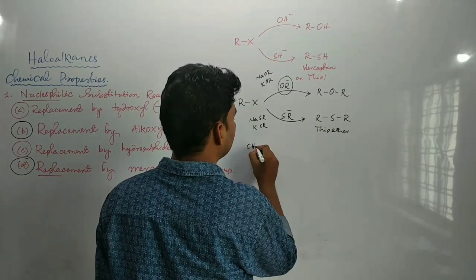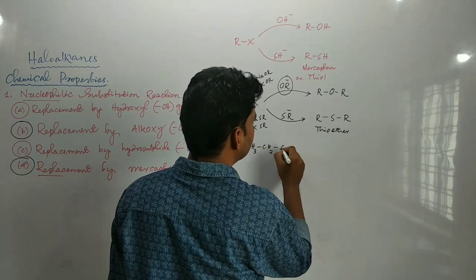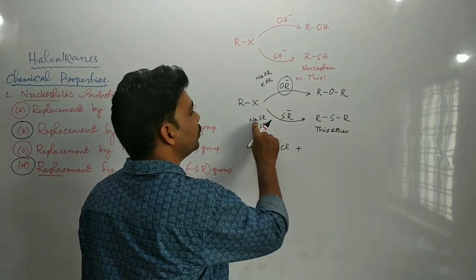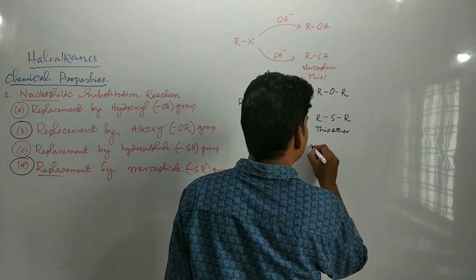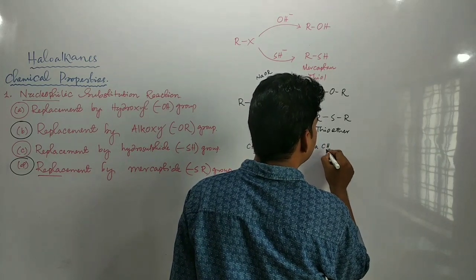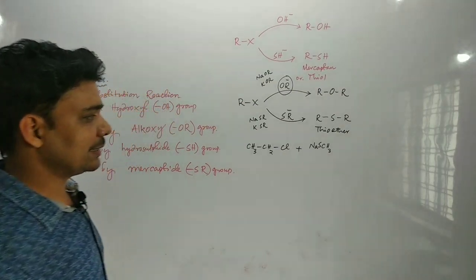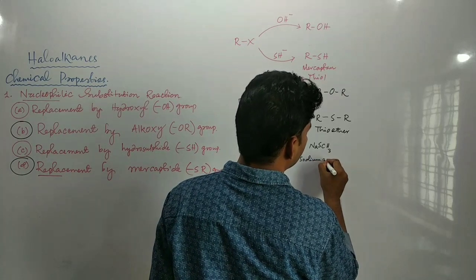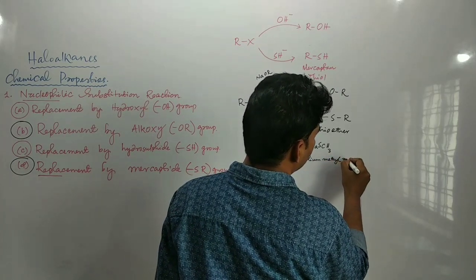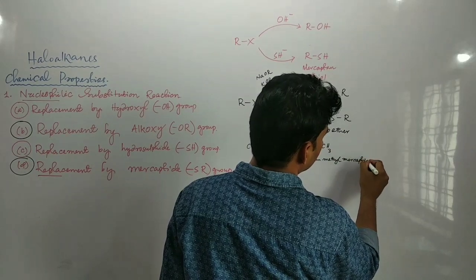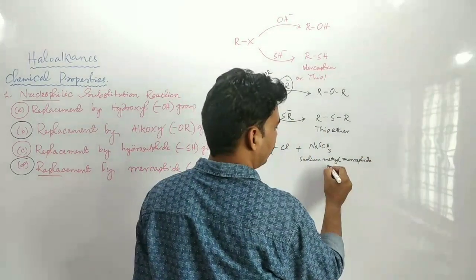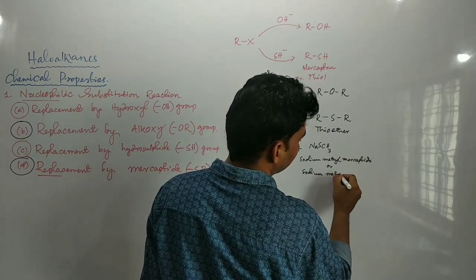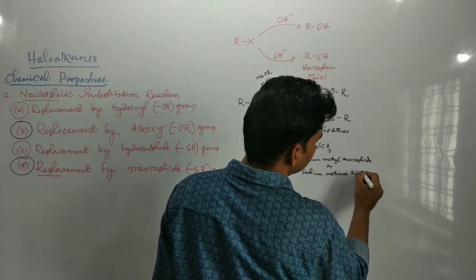For example, CH3CH2Cl. This is one example of alkyl halide. When it is treated with sodium mercaptide, for example, sodium methyl mercaptide, consider NaSCH3. This is sodium methyl mercaptide, or I can say this is sodium methanethiolate.